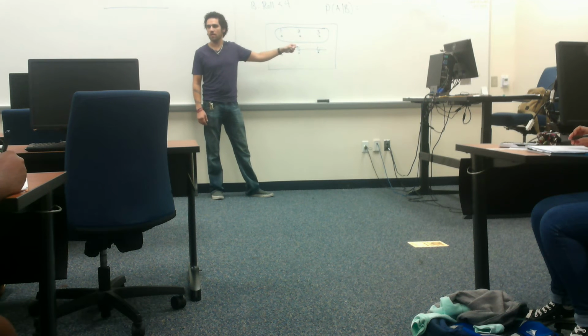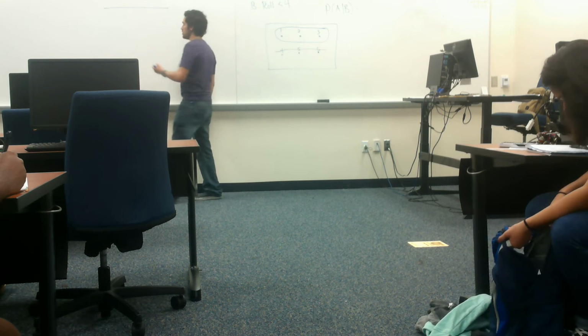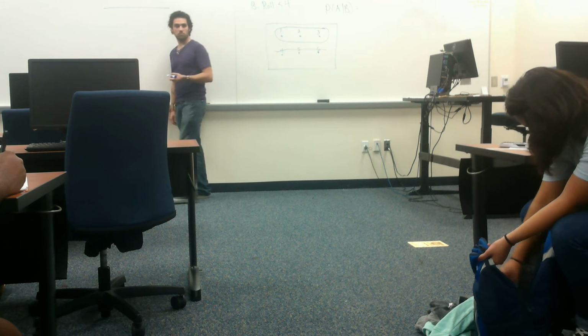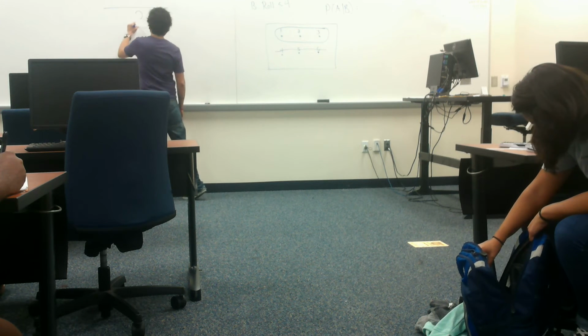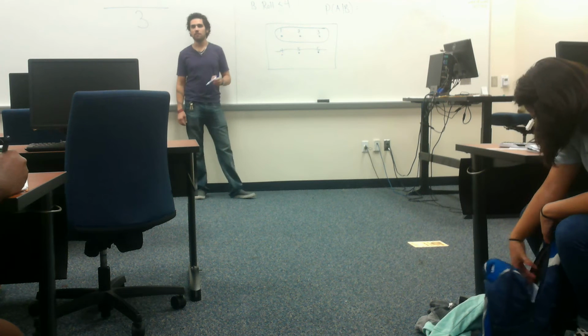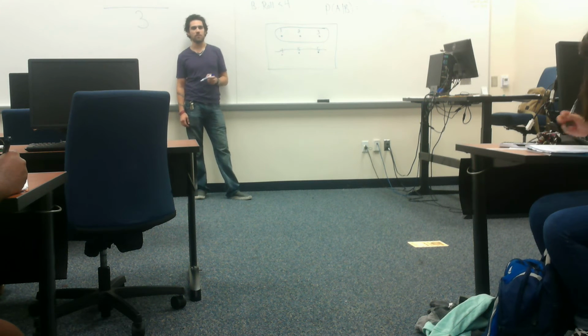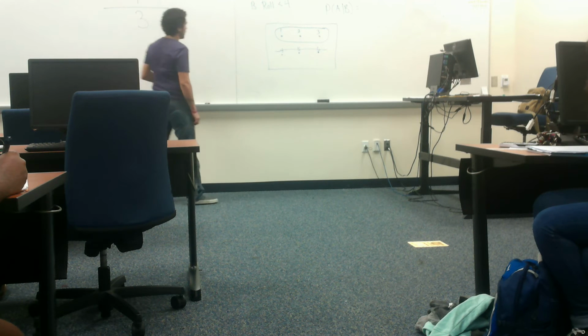So only 3 remain. So how many possibilities are there? 3 possibilities. And out of those 3 possibilities, how many of them meet my criterion that the roll be divisible by 3? 1 out of 3. And it's this guy right here.